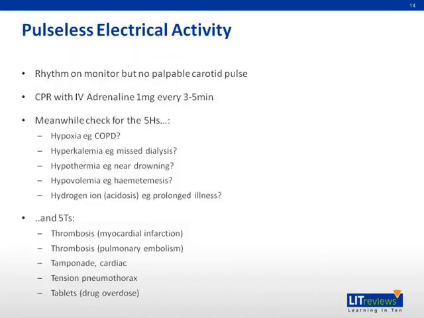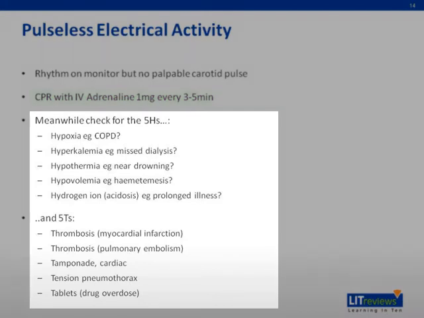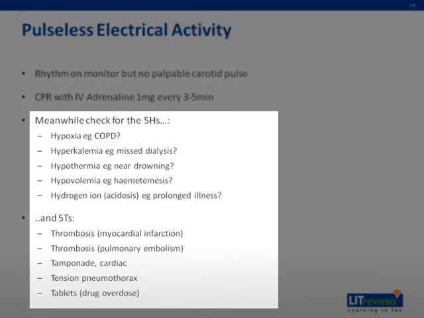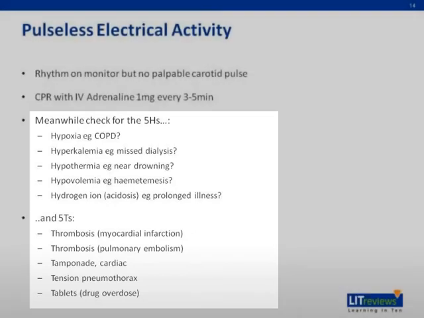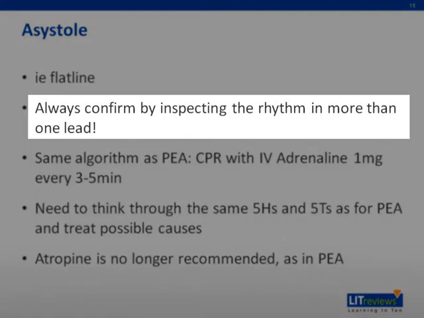The second possible rhythm in cardiac arrest is PEA, which involves CPR and IV adrenaline. While resuscitating, run through your mind the possible causes of collapse in this patient. Usually, 2 or more hits are better than 1 in such a scenario, and it might involve looking through the case notes and online laboratory results while the resuscitation continues. Asystole must always be confirmed on more than 1 lead, and remember to check the amplitude as well.